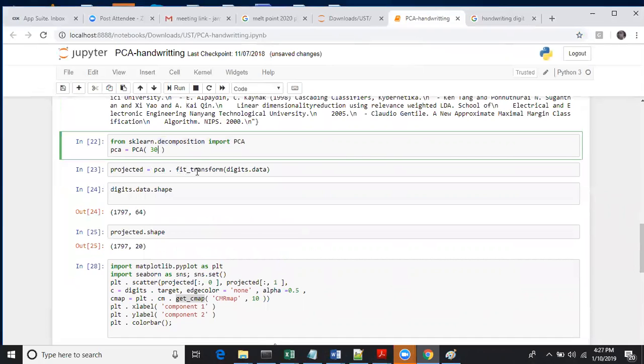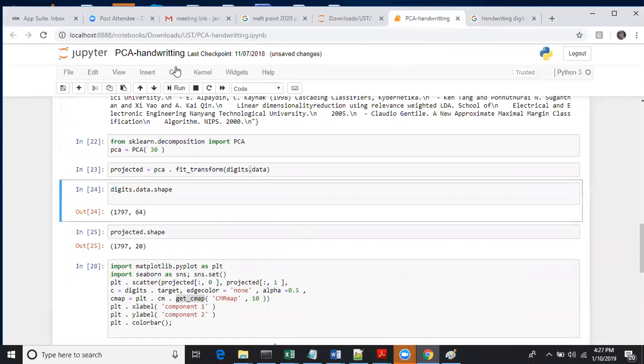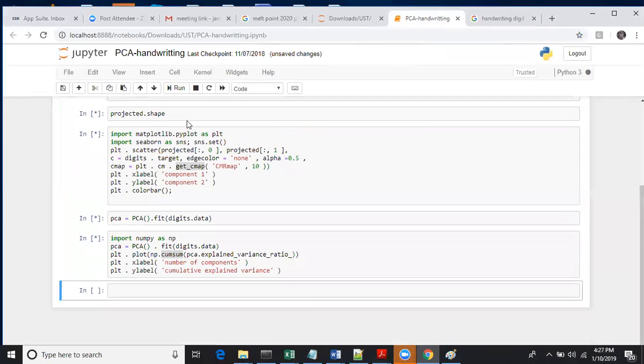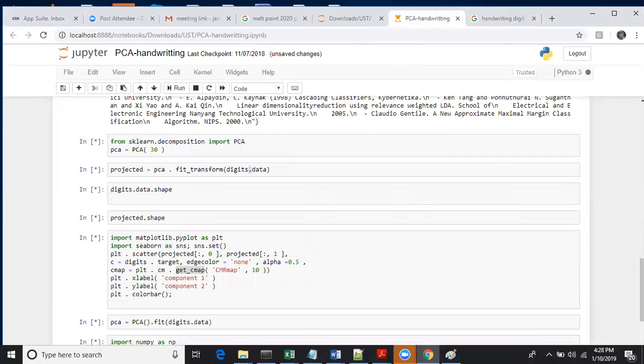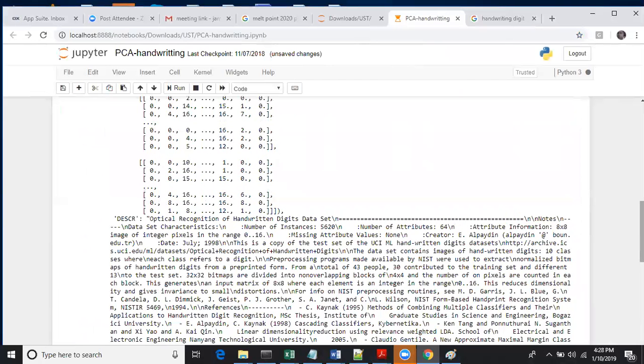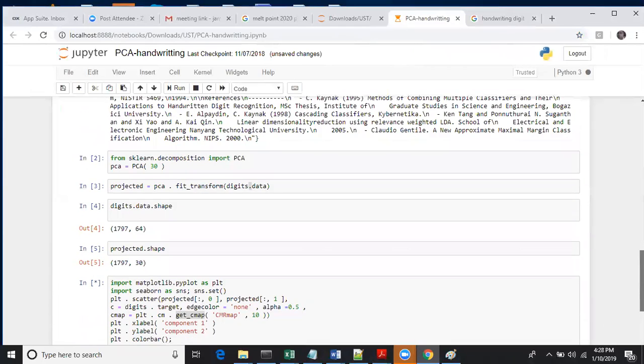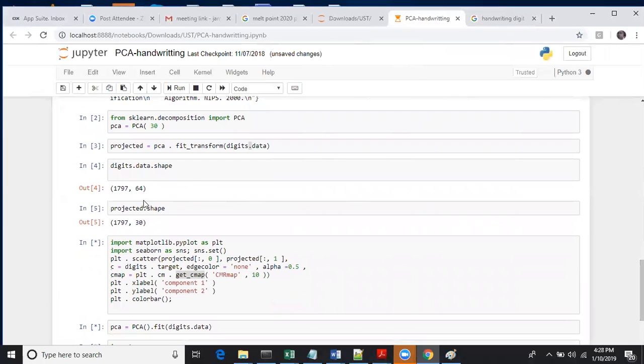Then PCA fit_transform on the data, and if you run it, it will convert into 30 components. So now we have changed it to 30 components.